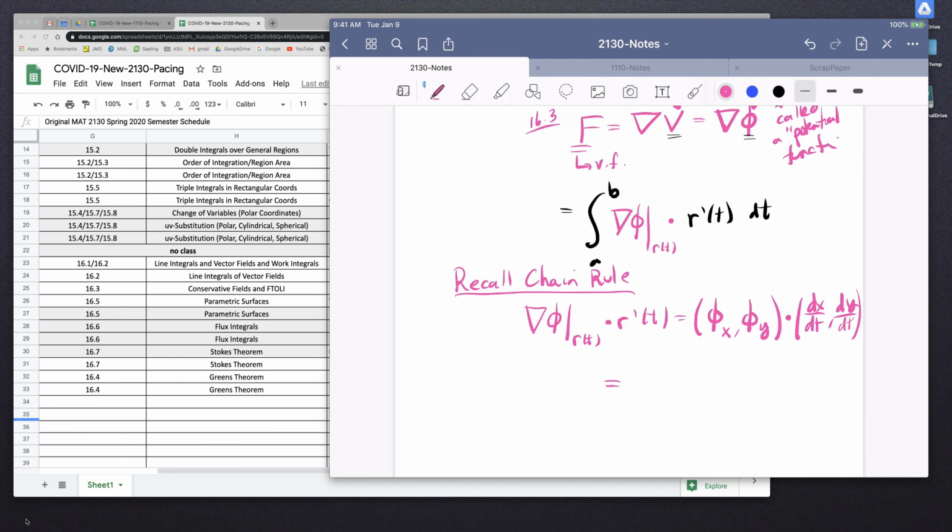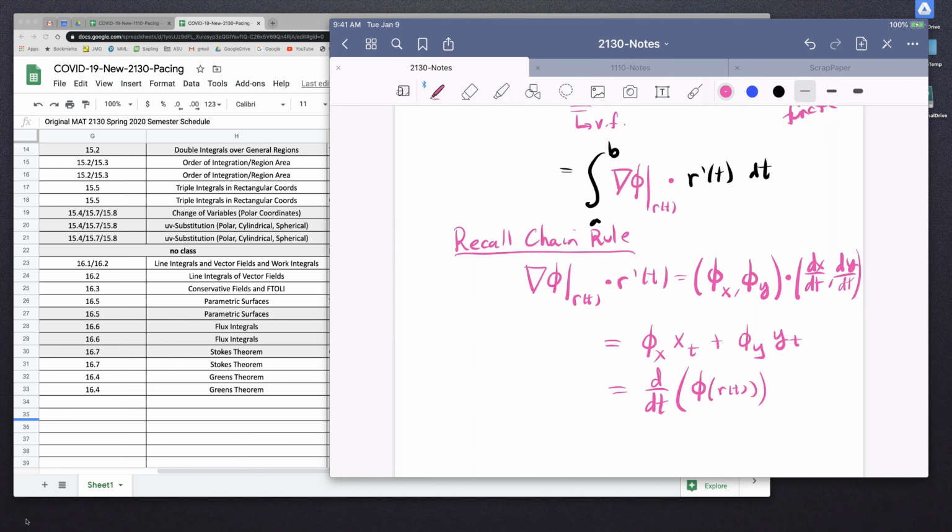If we multiply that dot product out, we get phi x times x prime of t, plus phi y times y prime of t, otherwise known as the derivative with respect to t, according to the chain rule, of the function phi evaluated along the curve.